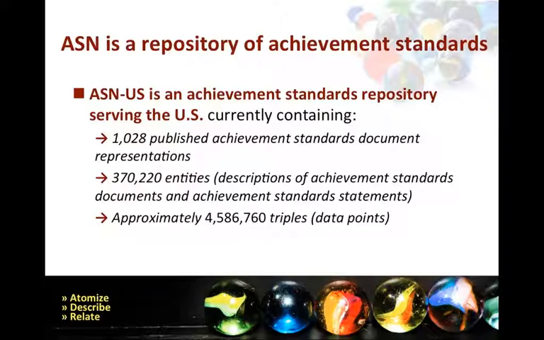The ASN then breaks those down into individual achievement standard statements. And there are over 370,000 of those statements in the repository. And if we look at the data level, there are over 4.5 million data points describing the achievement standards in the US.